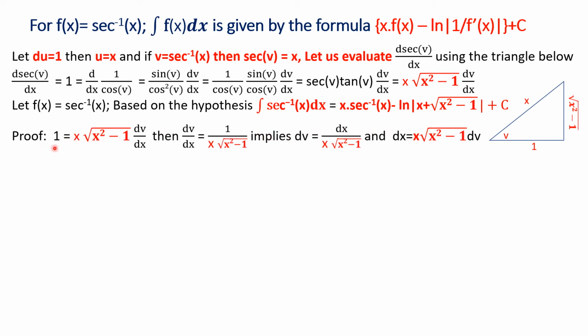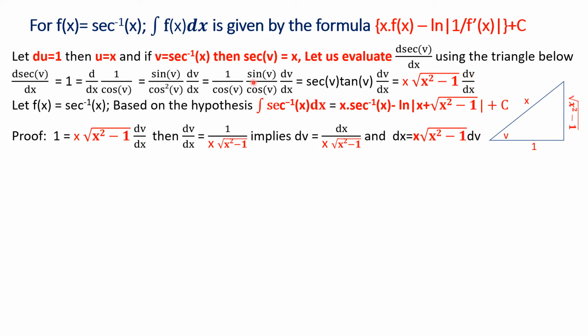Proof. Let's go back to the derivative of sec of v. We started with the derivative equal to 1 and we ended up with x multiplied by the square root of x squared minus 1 dv by dx.